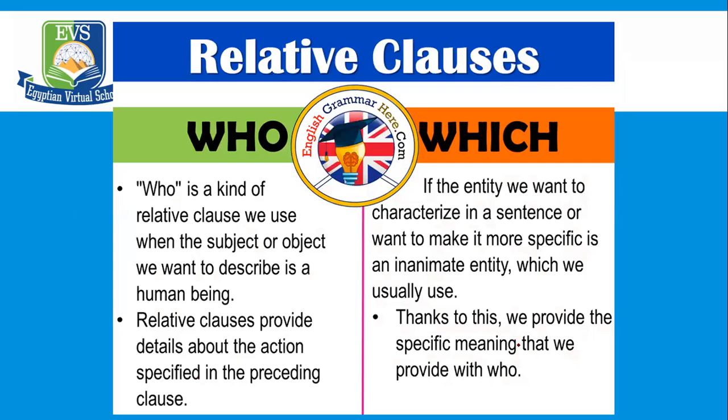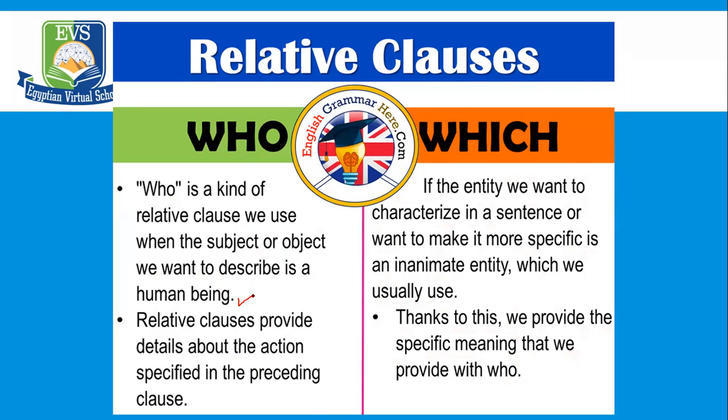Let's move further to know more about the relative pronouns. We have who and which. Who is a kind of relative clause we use when the subject or object we want to describe is a human being, of course, to describe people.